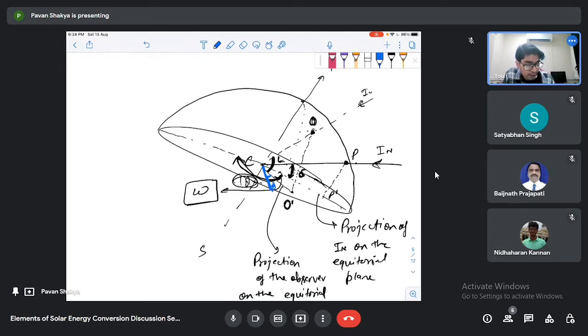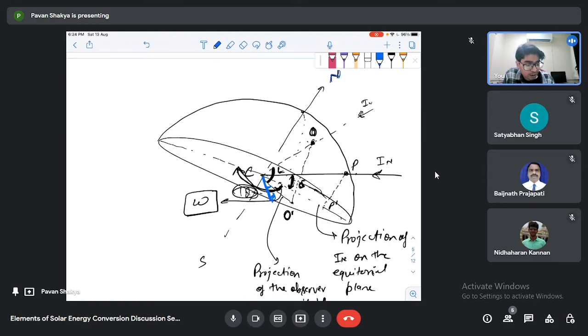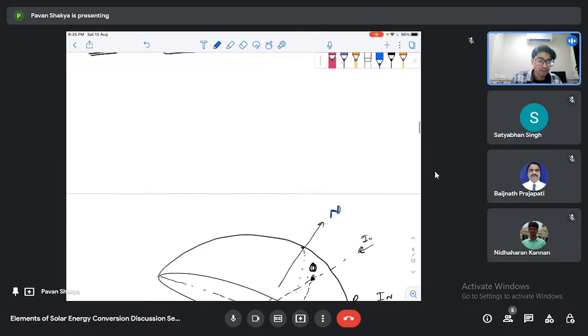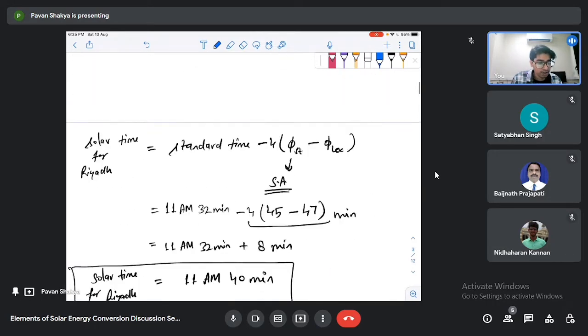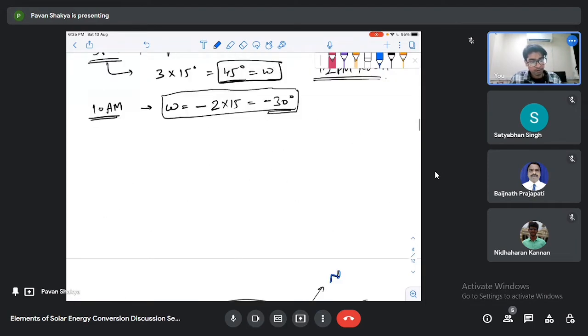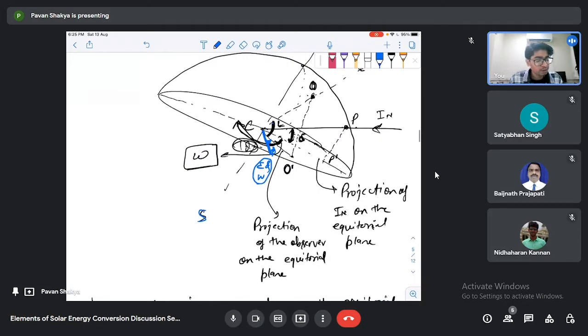As we know, this is our north and south direction, and these are our east and west direction. So the longitude we represent in terms of east and west. Similarly, this latitude angle will vary from the north pole towards the south pole, so it is represented as N or S. I have also written that in the last problem as 25N and 82 East. So that's all I want to discuss with this figure.